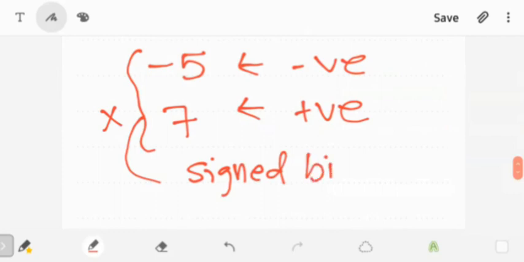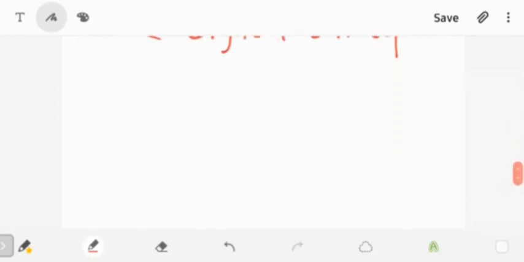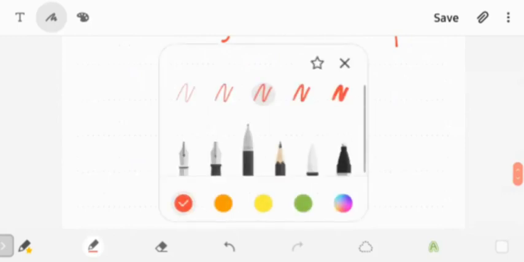So how is minus 5 represented? 1011. Okay, so let's do it in smaller font.